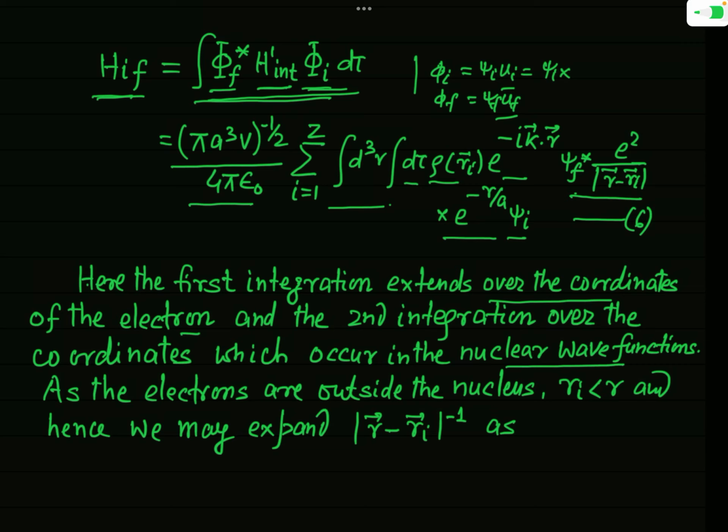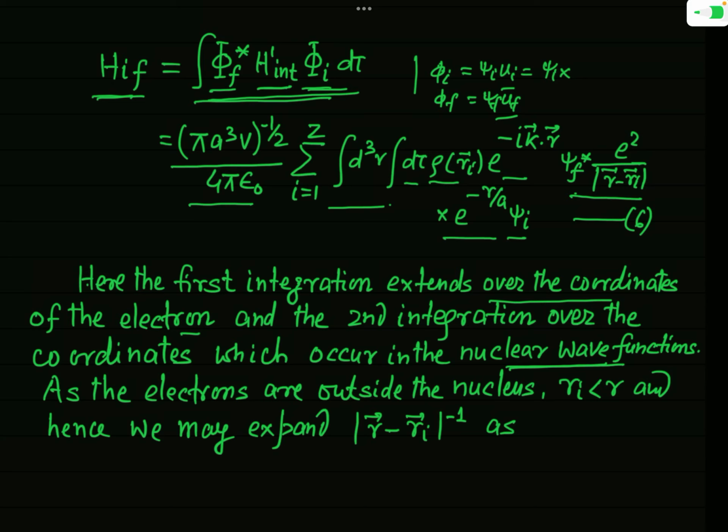So the first integral extends over the coordinates of the electron, and the second integral is for the coordinates of the nuclear wave function.